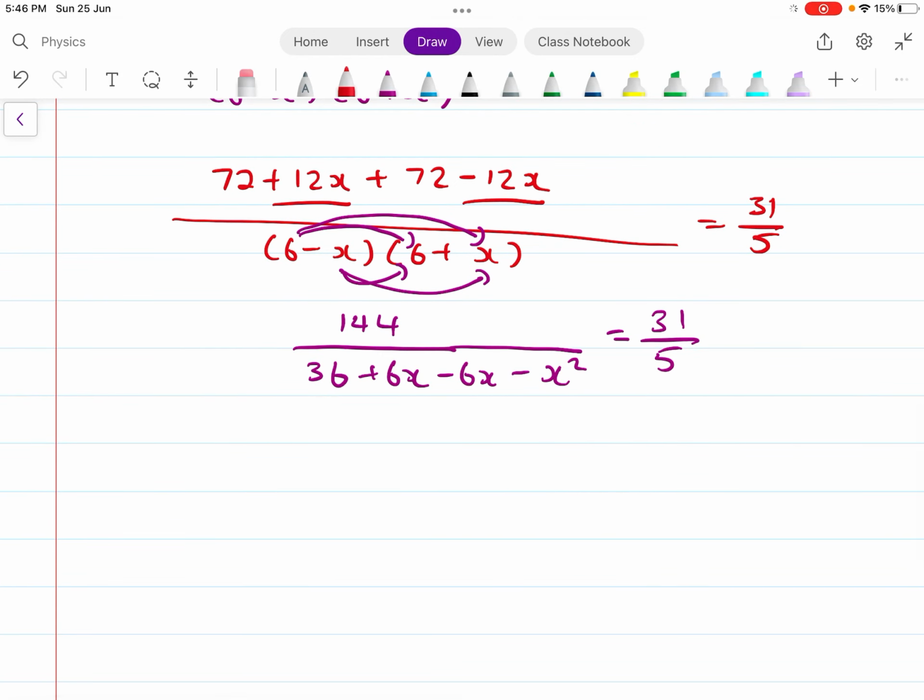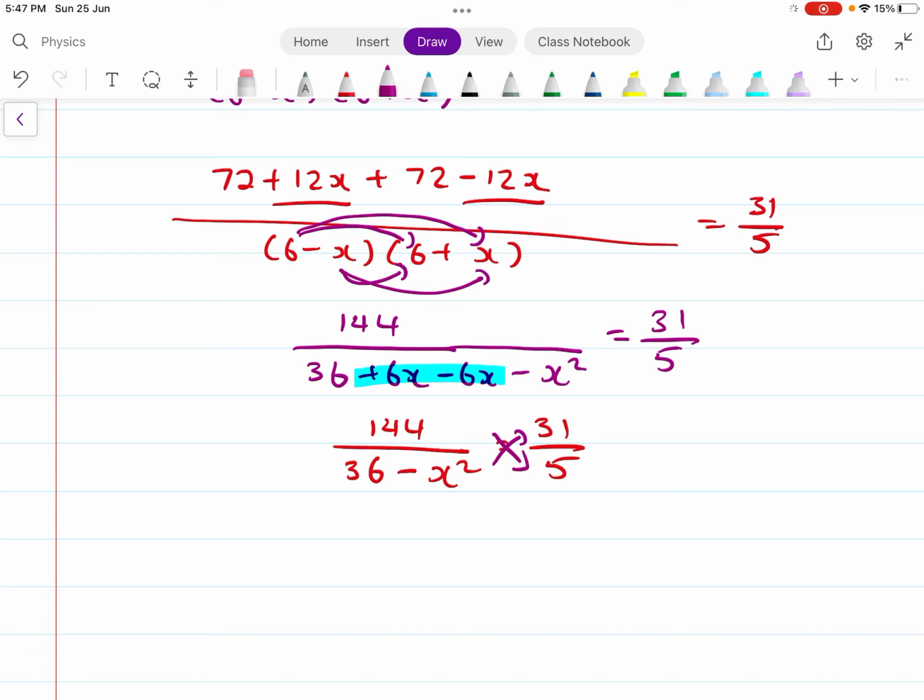Let's continue to manipulate. If you look at the denominator here, the 6x terms are cancelled already, so I just put 144 over 36 minus x squared. So I'll get 31 over 5. After that, you do the cross multiplication.